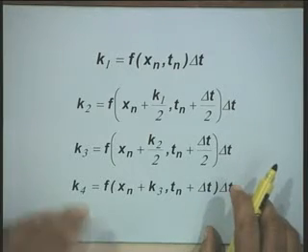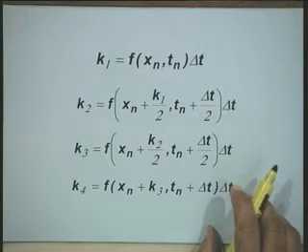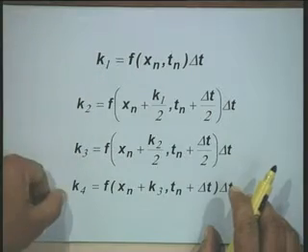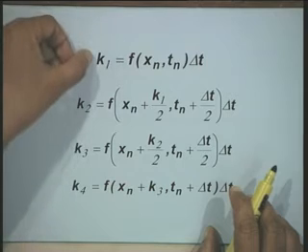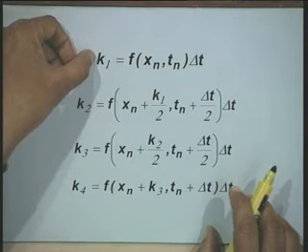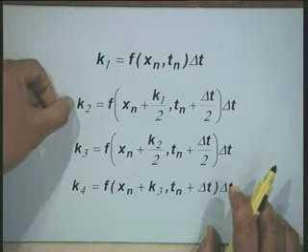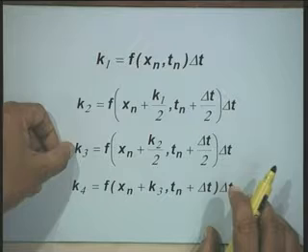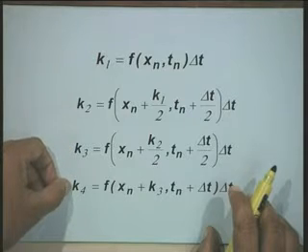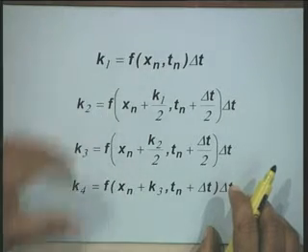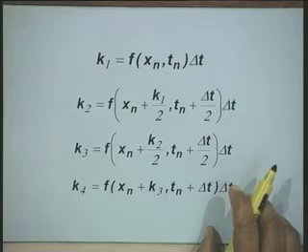Then, to obtain the increment delta x, we use these 4 terms, and the weighting given to K1 is 1, K2 we multiply by 2, K3 multiplied by 2 and K4 by 1, and then this is added and divided by 6, so that it becomes a weighted average.